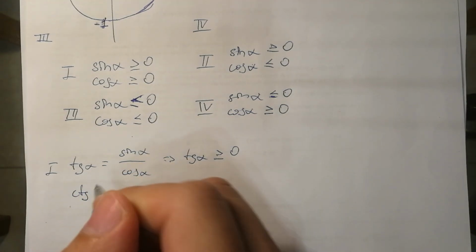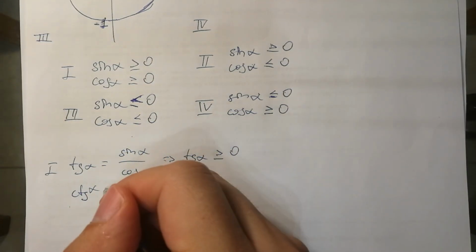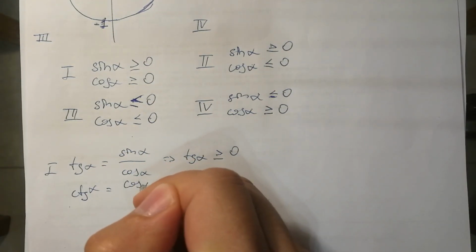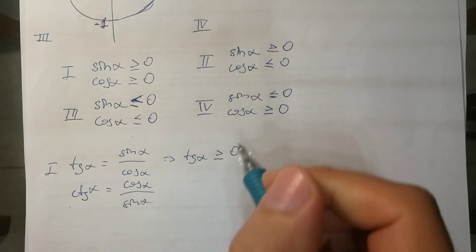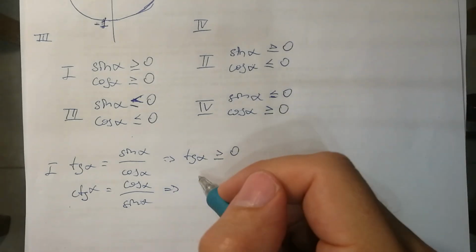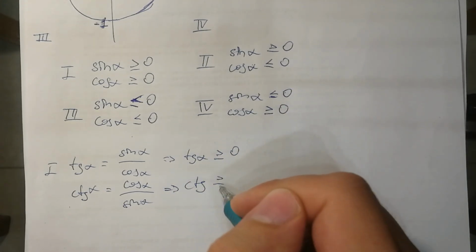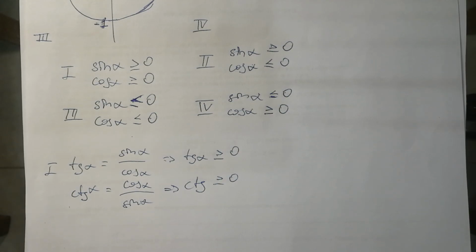For cotangent of alpha, the same situation, because cotangent is cosinus alpha divided by sinus alpha. This means that cotangent alpha is also more or equal to 0.